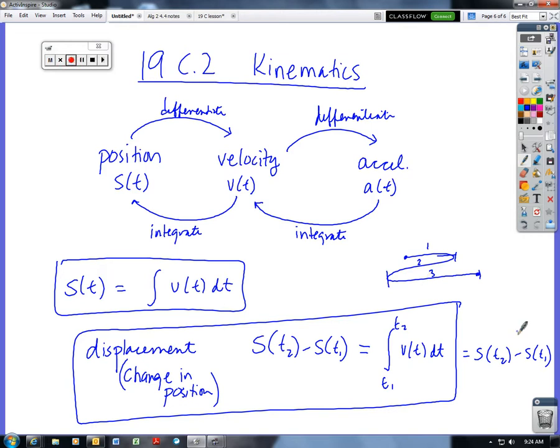Whereas the displacement is just the change in position from here to here. So if the object's going back and forth, the displacement's going to be different than the total distance.